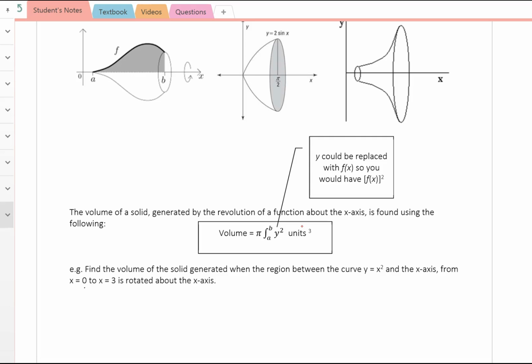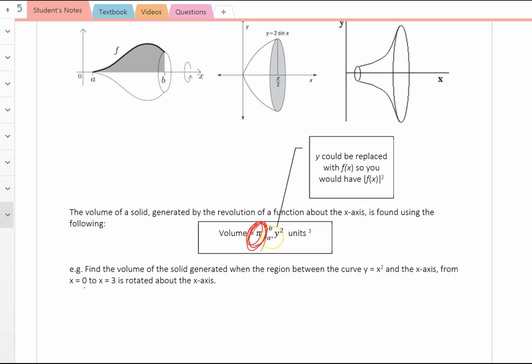So this is one of these formulas that you have to learn. It has to be automatic, that you recall that the formula for calculating the volume includes pi, really important. And you'll see where that pi comes from.